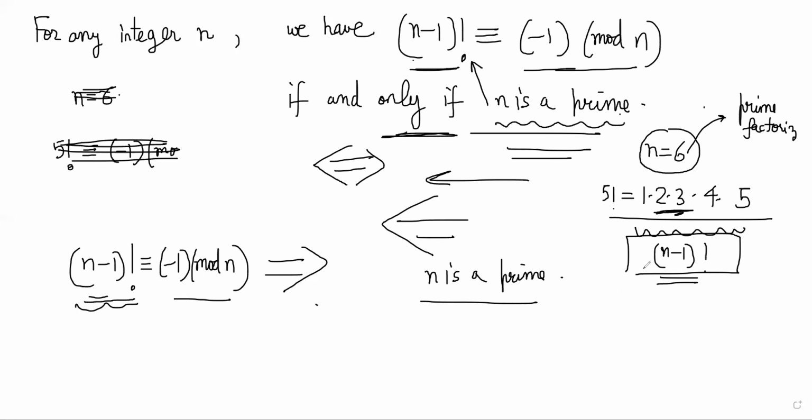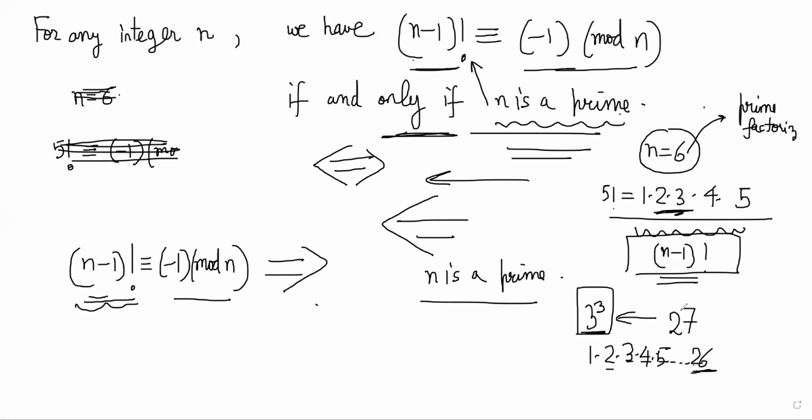The situation will be slightly different for numbers like 27, where 3 cubed is the prime factorization, and in 1 to 26 there will again be enough number of times that 3 will come. You understand what is happening? The prime factors are going to come many times before.